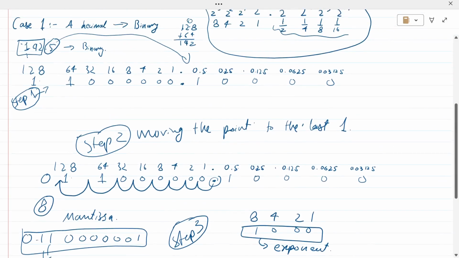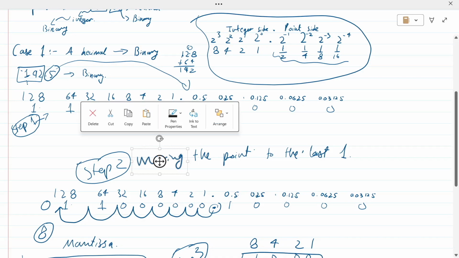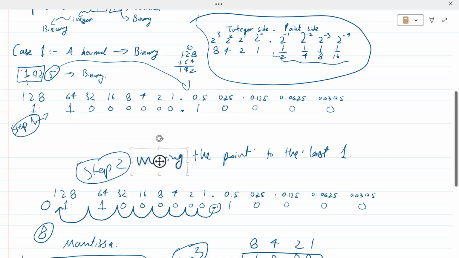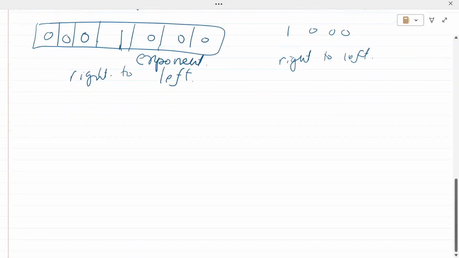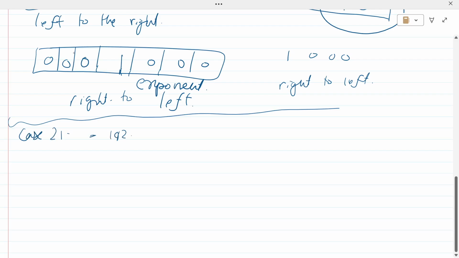So we know the first case, converting a positive decimal number from denary to binary. Now we know that. So the second case is going to be in the next lecture, okay? Case 2 would be negative 192.5 to binary.